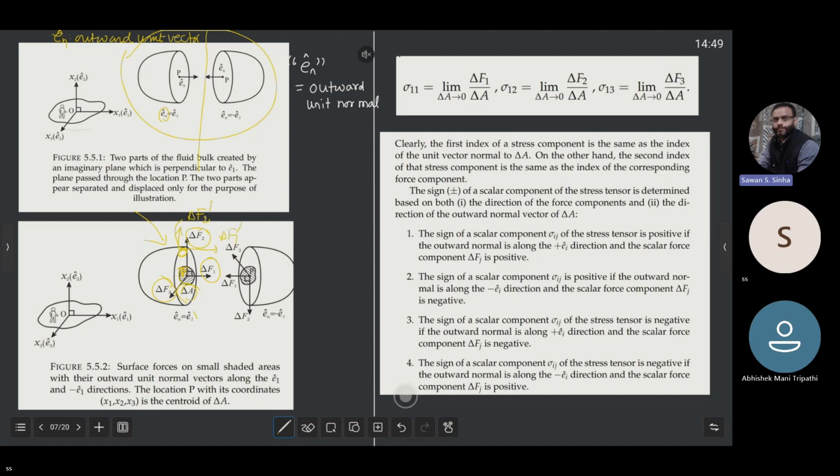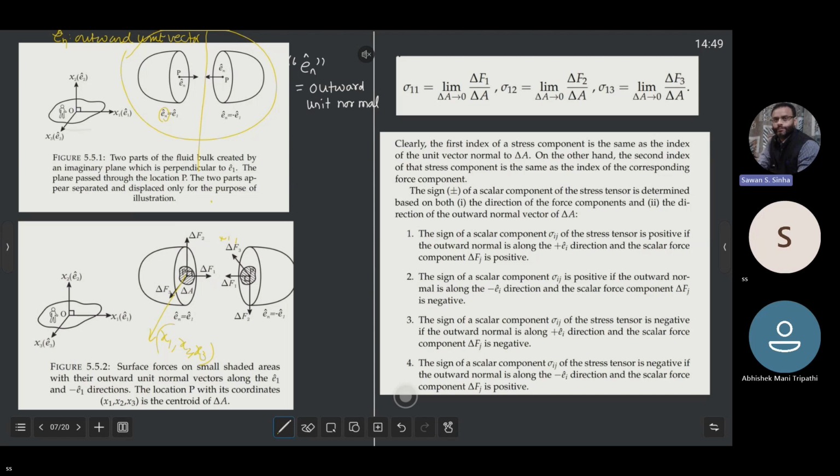But I am not worried about all the area on this. I am worried only about the shaded area. Why shaded area? Because shaded area is in the neighborhood of point P, and right now I am saying that P has coordinates x1, x2, x3. I am focusing on this point. Okay, delta F1, delta F2, delta F3.